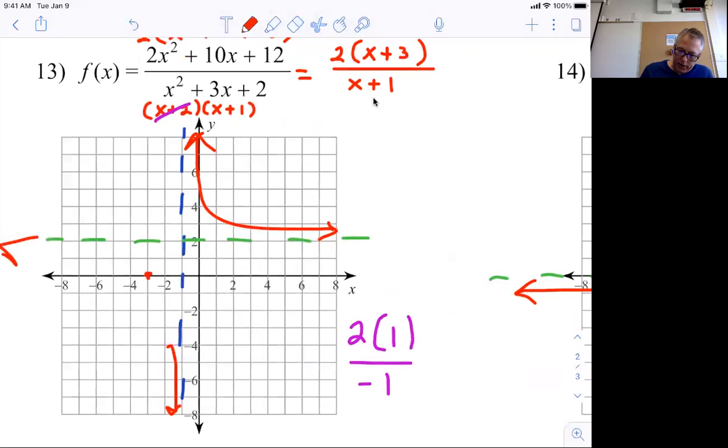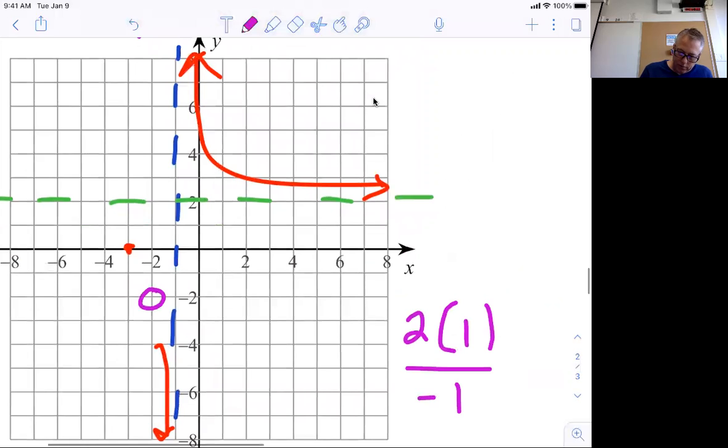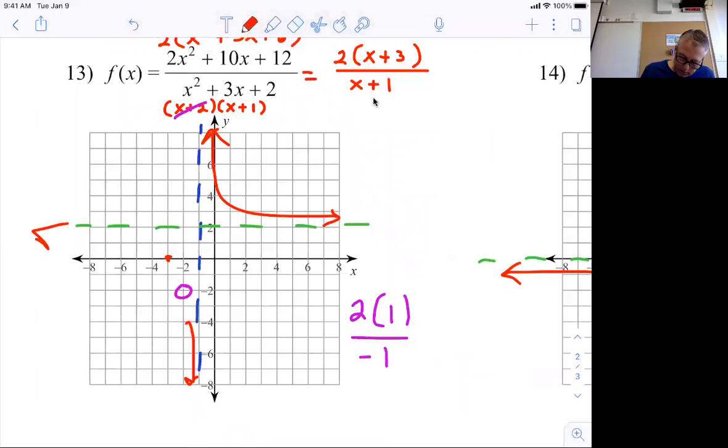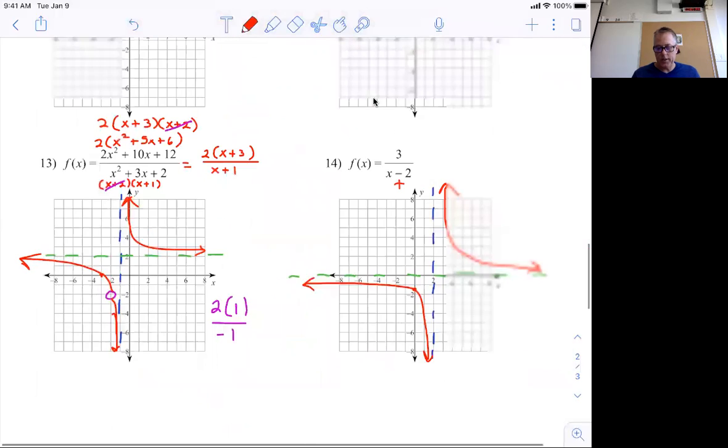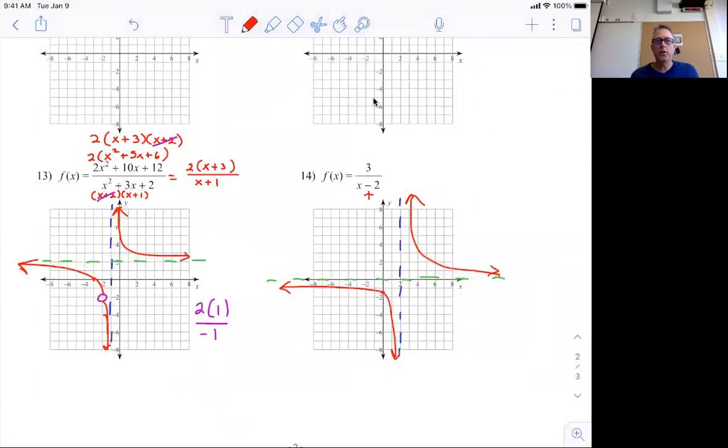Got my hole at (-2, -2). Got our graph that looks like this. And, you know, this is a tedious process to try and get all those pieces in, but we're trying to piece that puzzle together for our entire rational function. All right, any questions, guys?